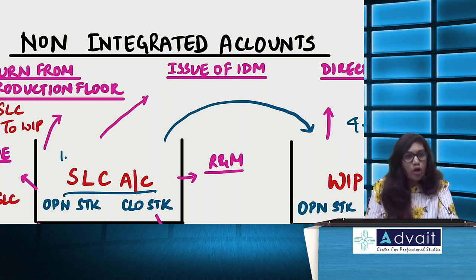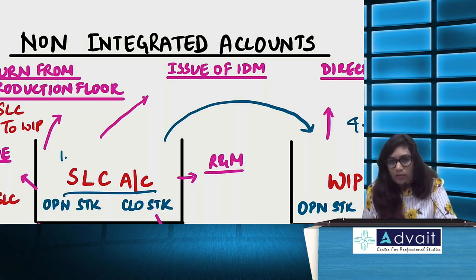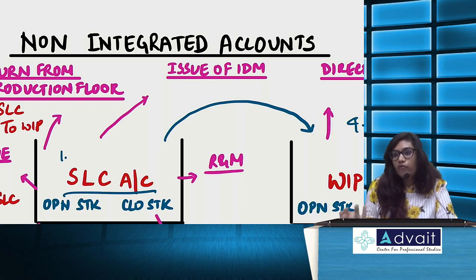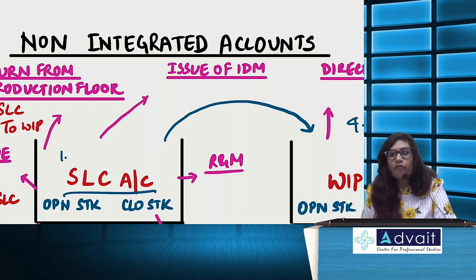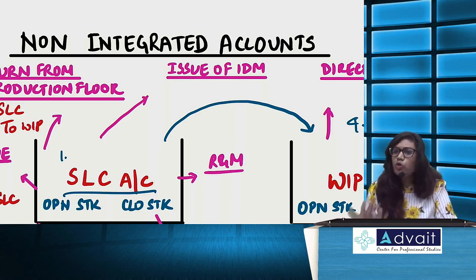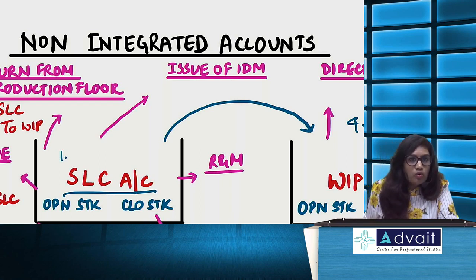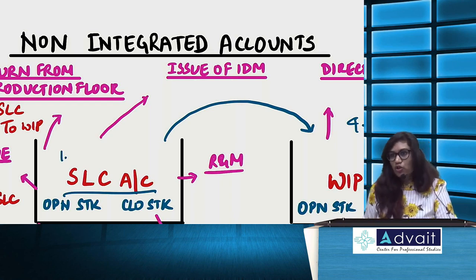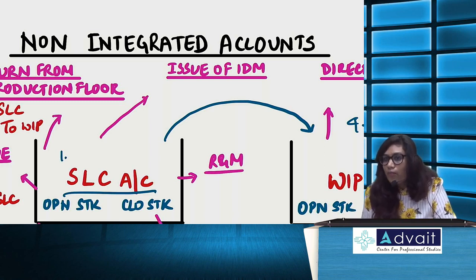Now here I have not mentioned which overhead. So material could be issued to factory, material could be issued to office, material could be issued to your marketing department. So since nothing is given, we'll assume it is issued to factory. So which overhead account should it go to? FOH. So what should the entry be?